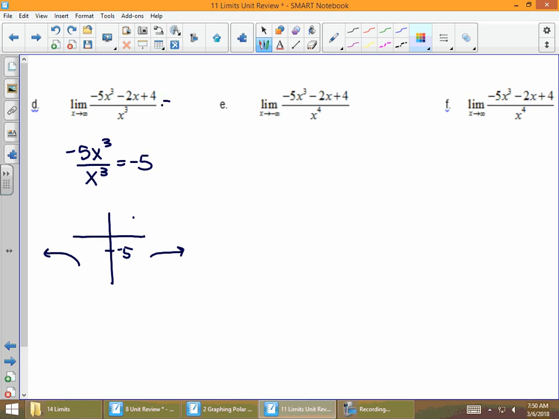So that horizontal asymptote works for both positive infinity and negative infinity. Okay, E and F, now we have x to the fourth on the bottom. So the change here is now this has become a bottom-heavy fraction.